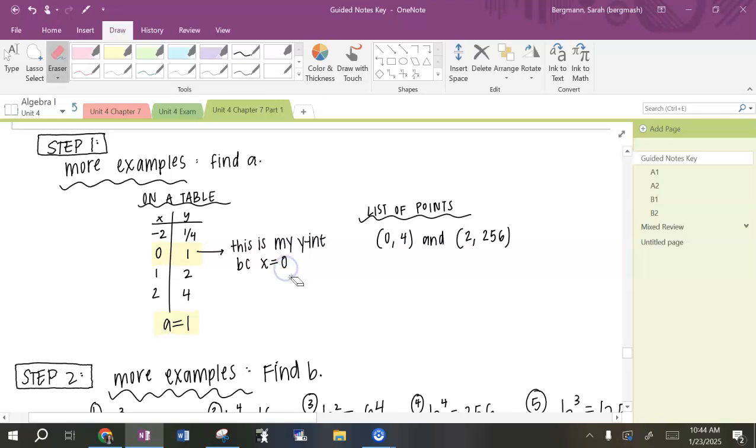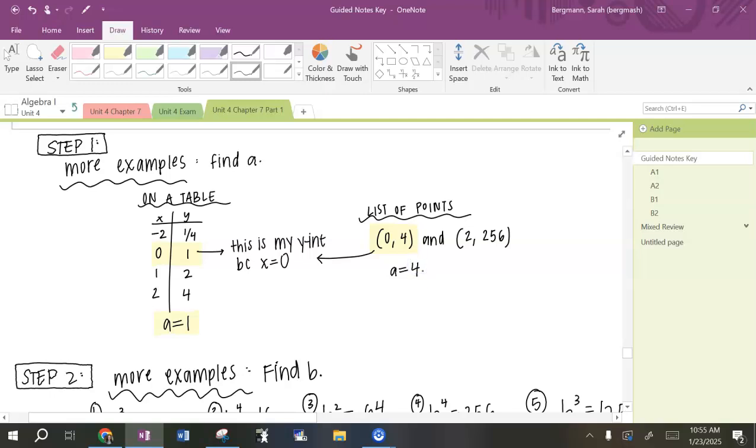Now, if you're looking at a list of points, it's the same idea. If you were given this list of points, you're going to look for where you see a point with the x value 0. That's this one. I know that this point is my y-intercept because the x value is 0. So for this problem, the a value would equal 4.